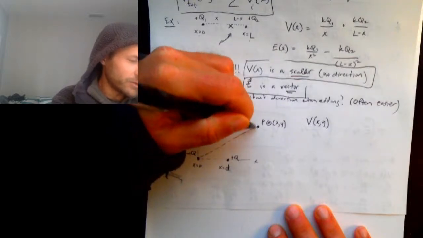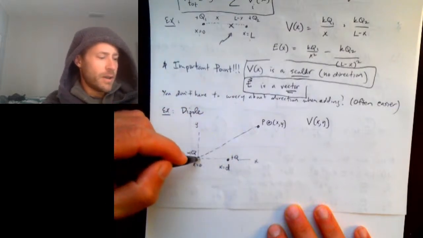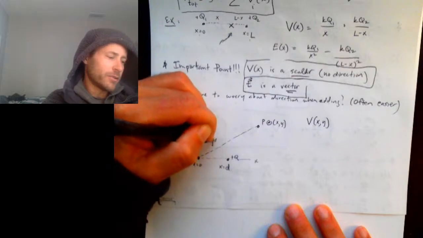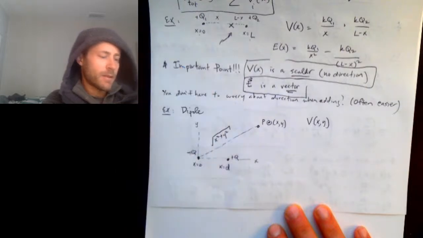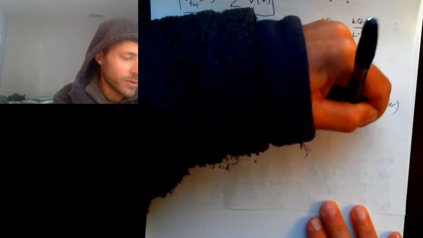This is the distance from minus q to the point P, and I can see from the Pythagorean theorem that that's going to be the square root of x squared plus y squared. So the potential at point P due to this charge is going to be k times minus q over the square root of x squared plus y squared.